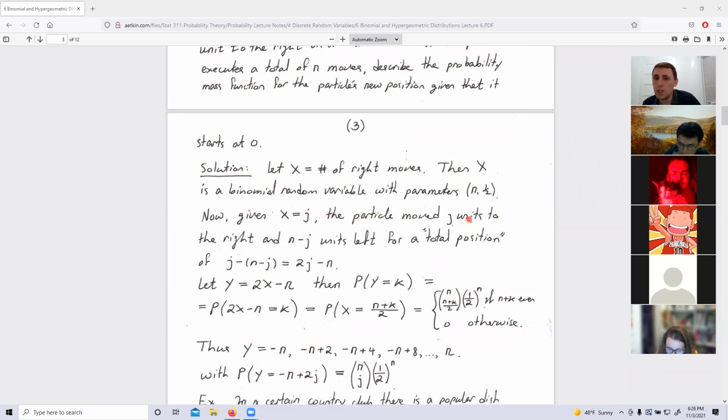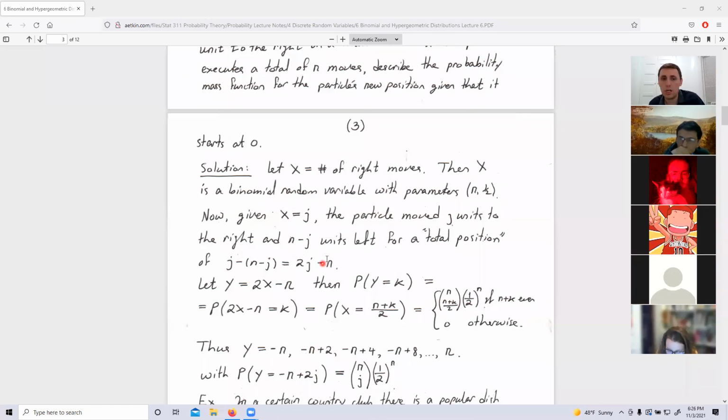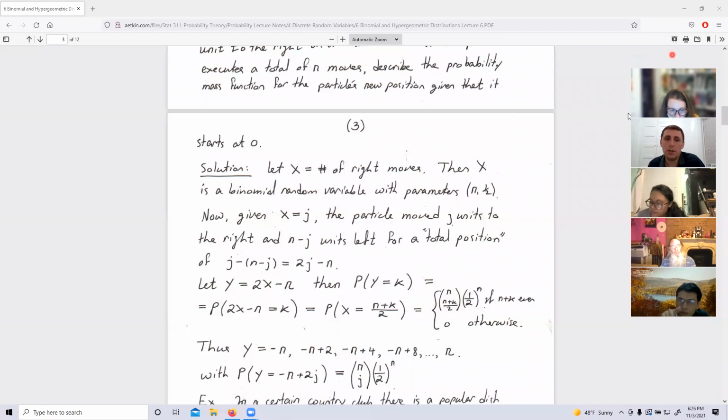It means it moved J units to the right and n minus J units to the left. So the total position is units to the right minus units to the left. So its position is 2J minus n. Do you agree? You see what I mean by 2J minus n?